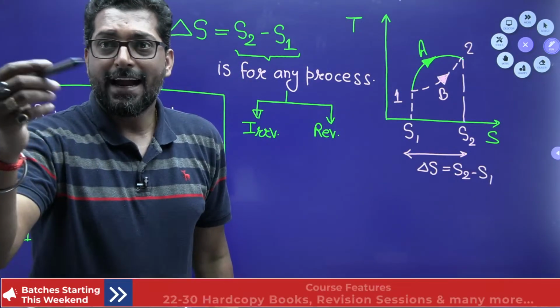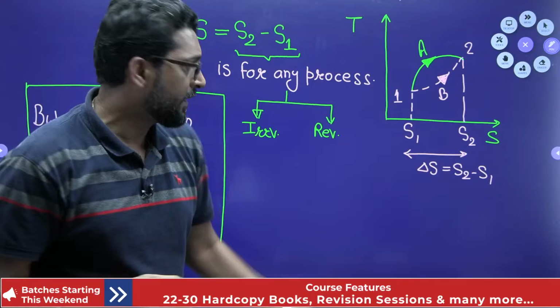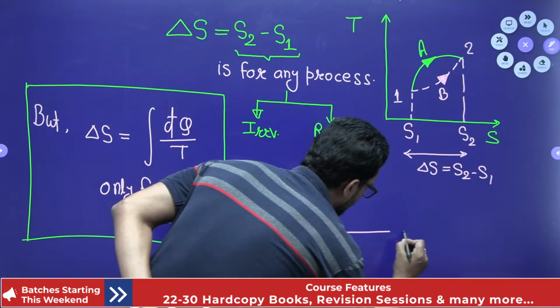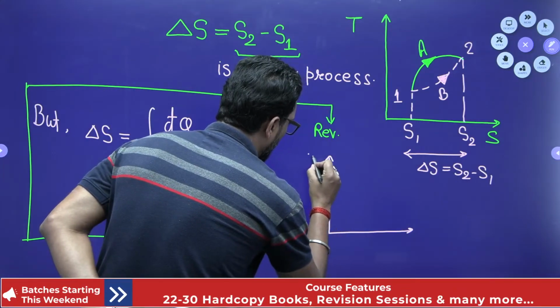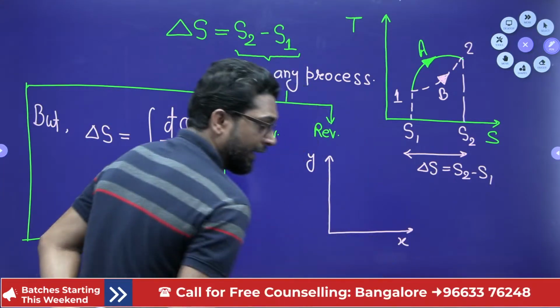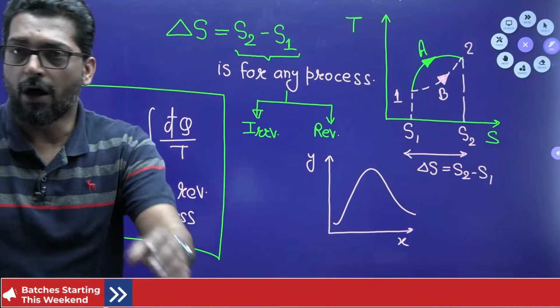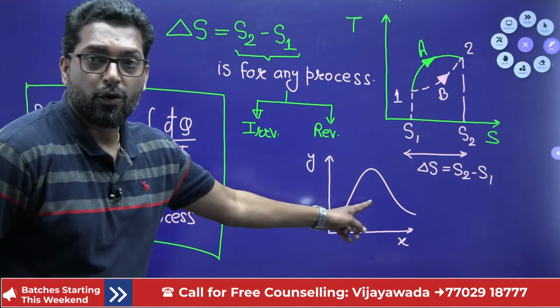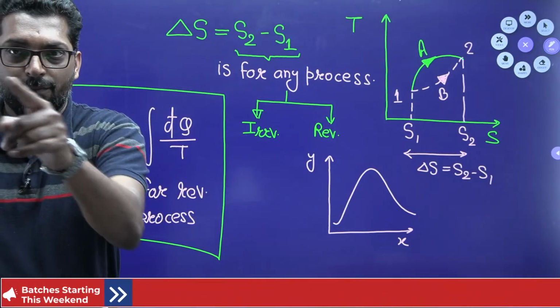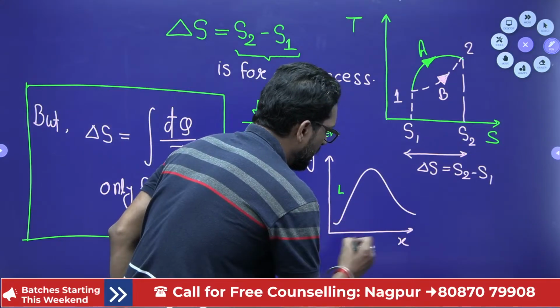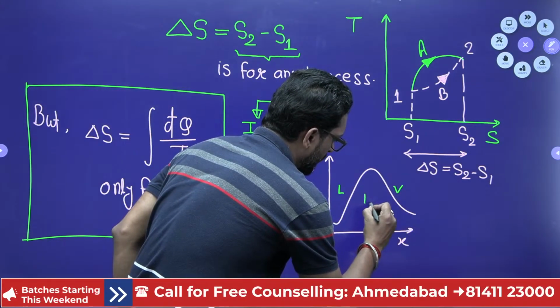Let's suppose this is your y and x, liquid and vapor. Okay, no problem. This is your vapor dome. This is your liquid and this is vapor.